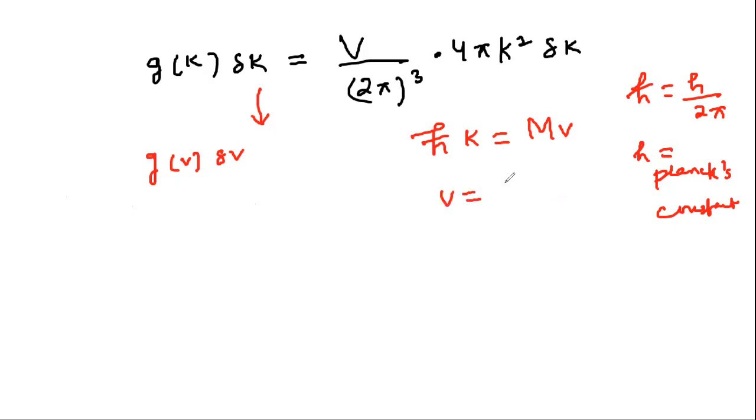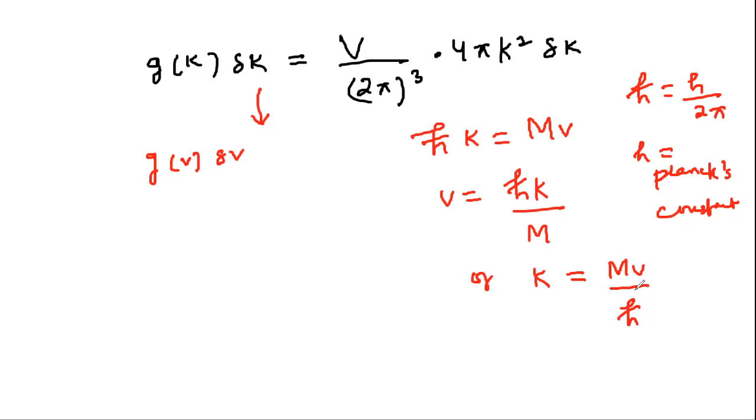V is H bar K, or H cross K as we call it, by M. No, I have to solve for K. K is MV by H bar.